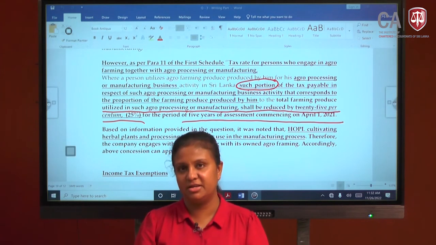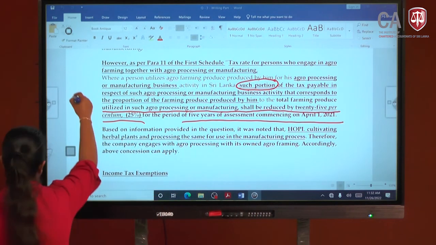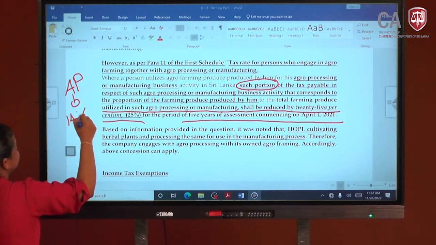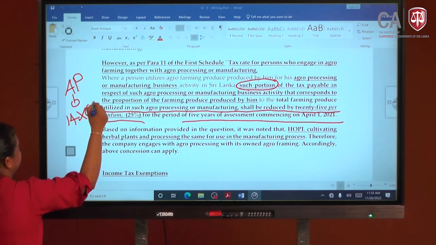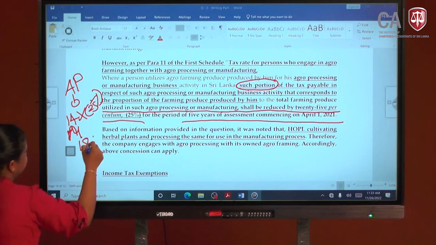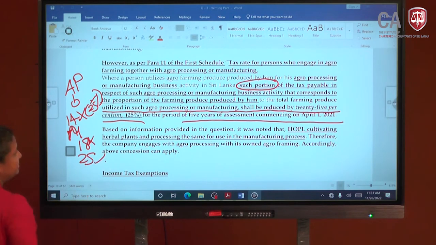April 2021. If they are doing agro-processing, 14% reduced by 25%. If they are doing manufacturing, 18% reduced by 25%.